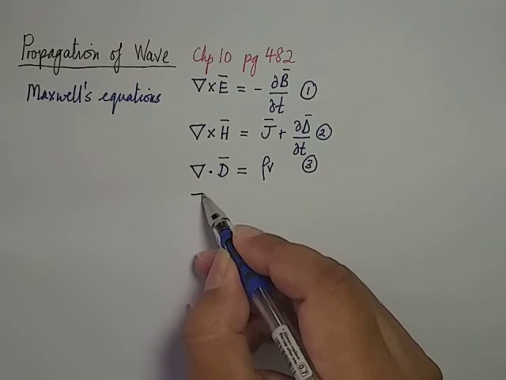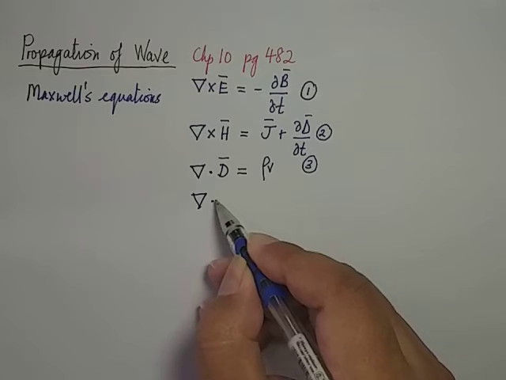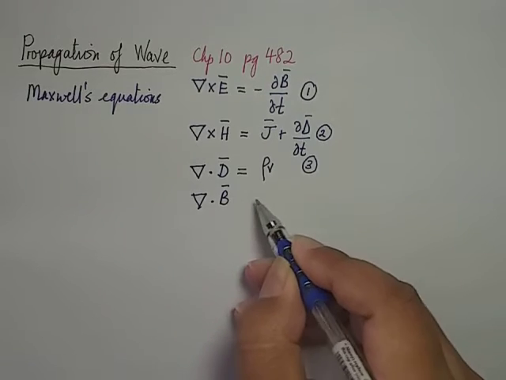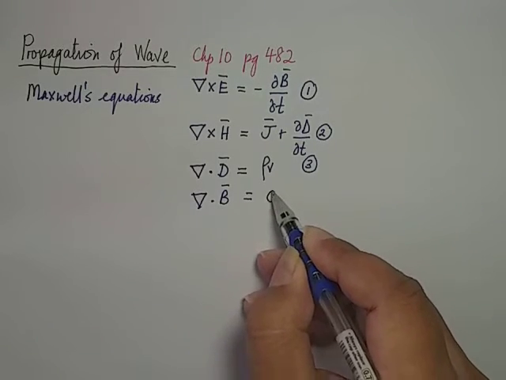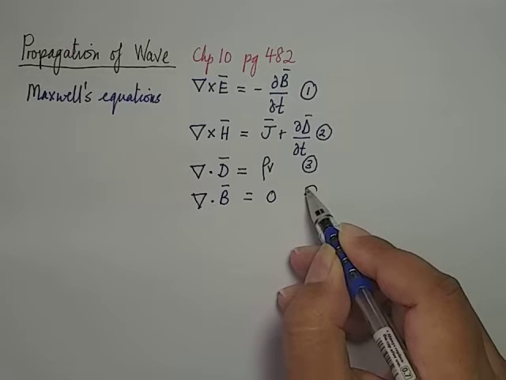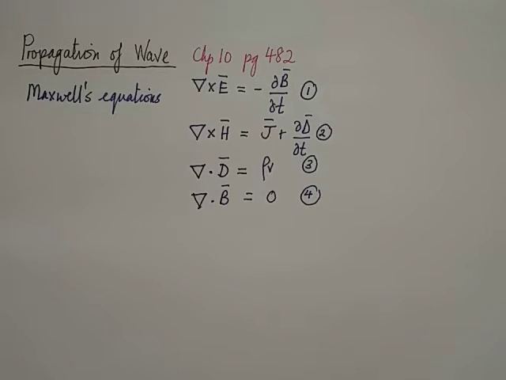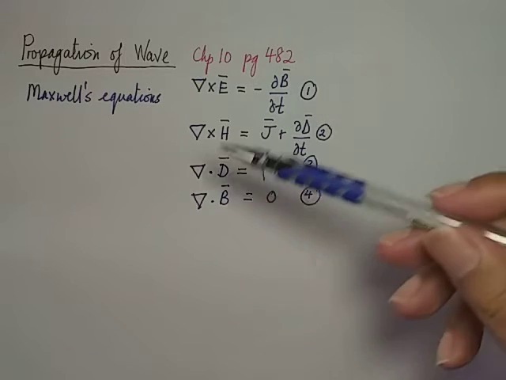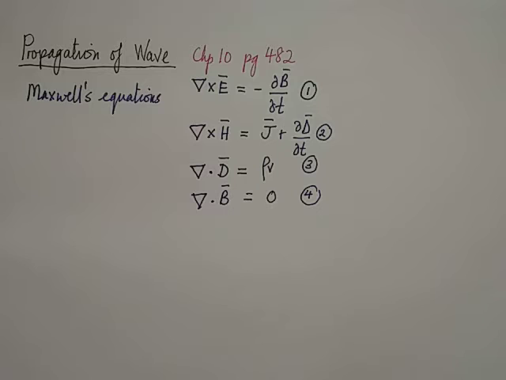And finally, divergence of B is equal to 0, denoted as equation number 4. So these four Maxwell equations are known as fundamental equations in the world of electrical engineering.